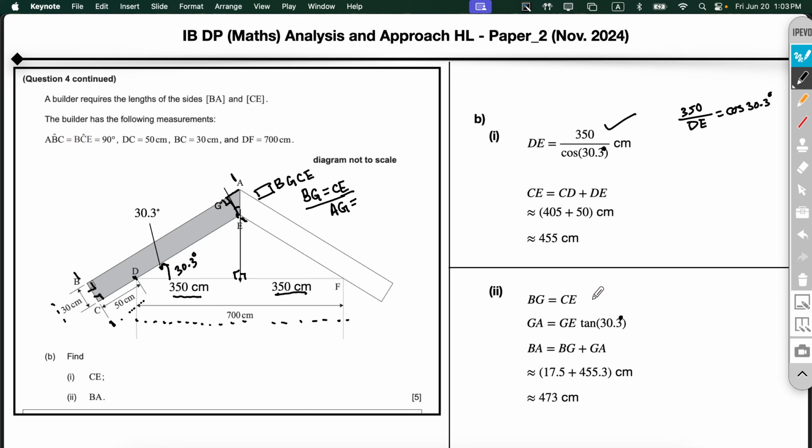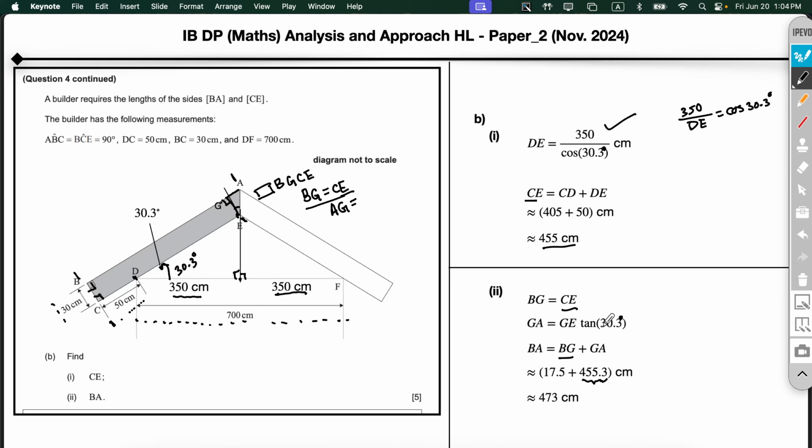Here we used the fact that the value of BG is equal to the value of CE. CE we found about 455. In this case, we have written it to one decimal place because it is getting added to another decimal, so that might change the final answer. Once we put the value of BG, we need to find GA.